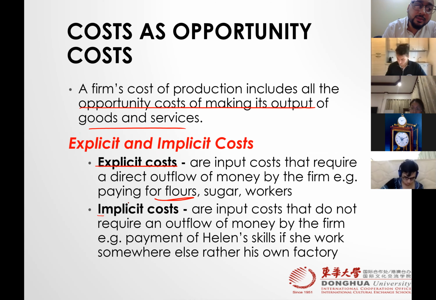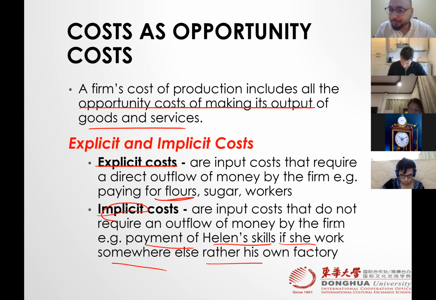Implicit cost, which is implied, which is a cost, but no cash outflow is coming out from your pocket, right? You don't pay, but it is a cost. We call this opportunity cost. For example, payment of Helen's skill if she works somewhere else rather than her own factory. So the illustration is Helen, she opened a cookie factory, right?